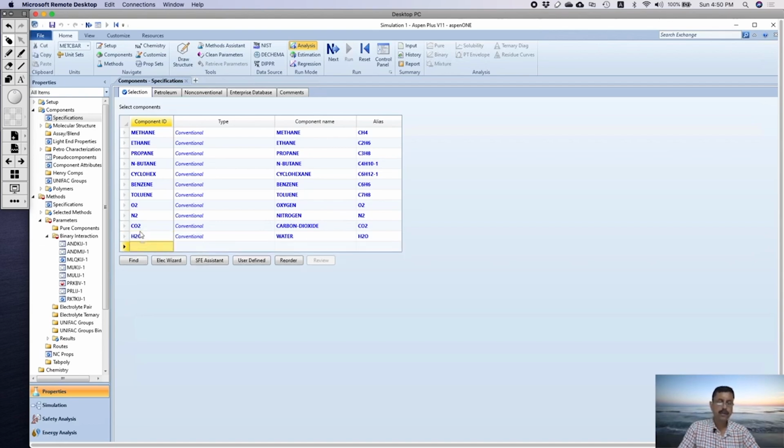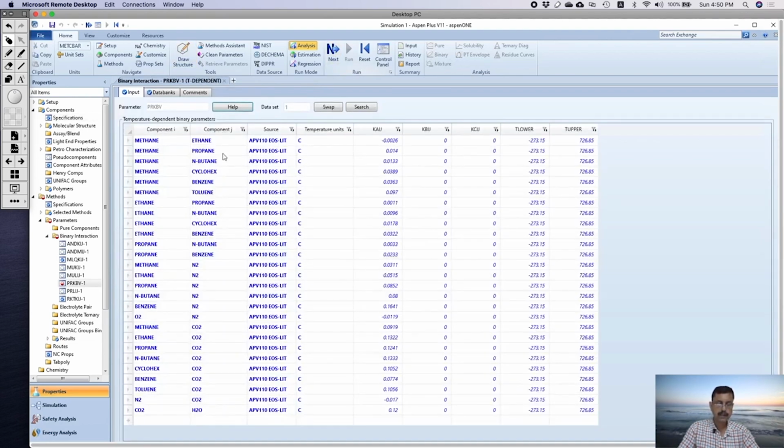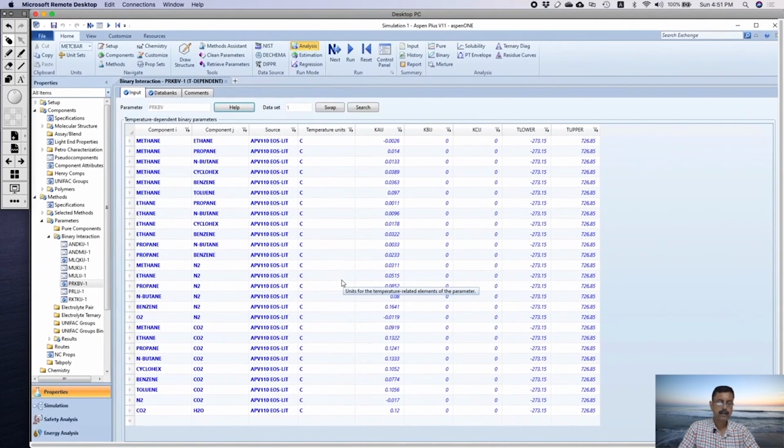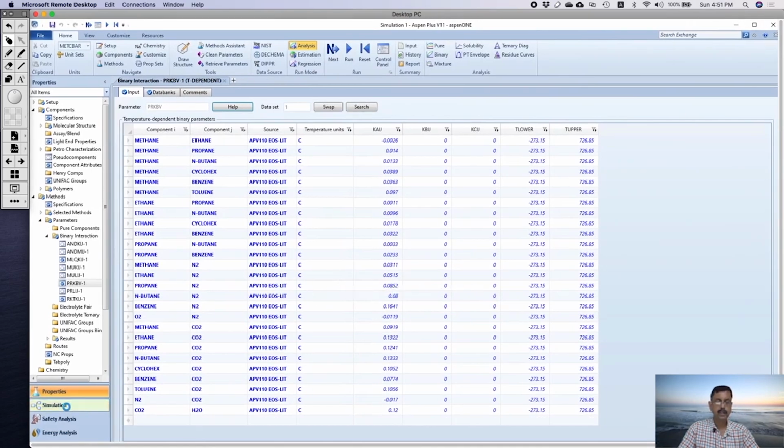So all four things which were not there, we have brought in. So again we have to run this next so that the binary interactions can be calculated along with the new components. That we have done. We can safely go back to simulation now.